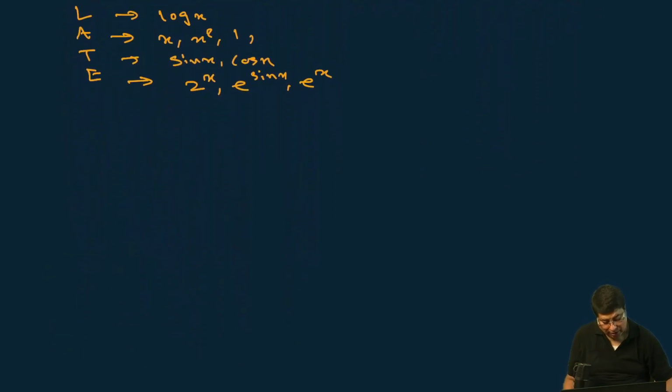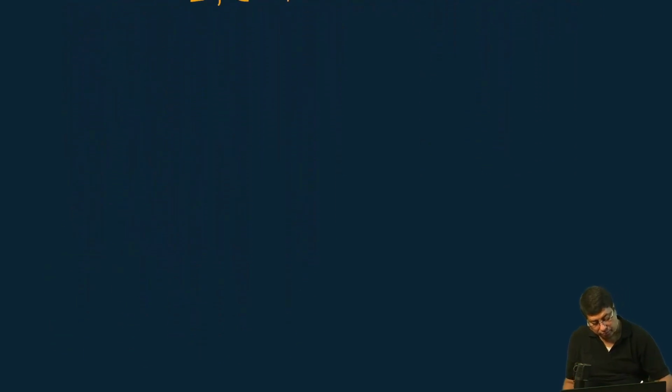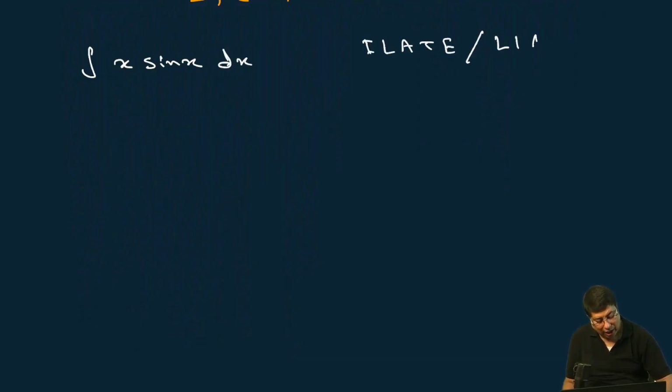So I am giving you one example. Suppose the integration of x into sin x dx. In ILATE or LIATE, I like this one, because whenever there is a contrast of L and I, it is better to use the second formula.